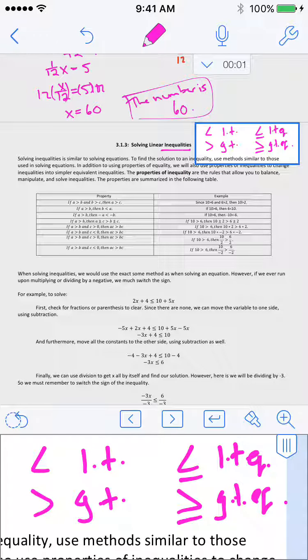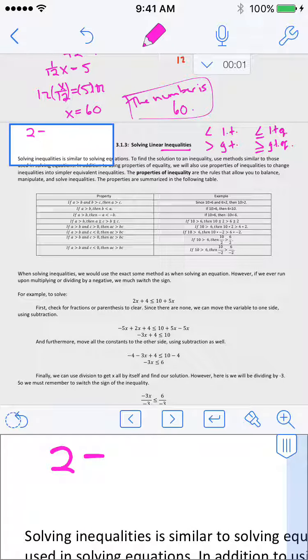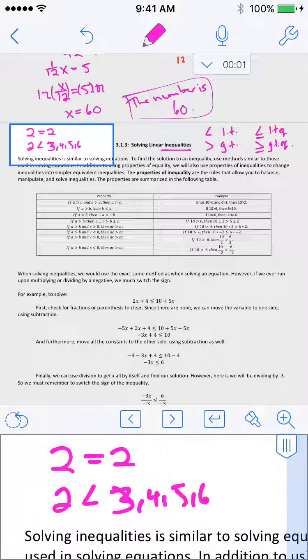Now with these, obviously, there's a lot more that is less than. When you've got 2 equals 2, there's only one solution there. 2 only equals 2. But there are a lot of things that 2 is less than, like 3, 4, 5, 6, 7, 8, a million, and so on and so forth.